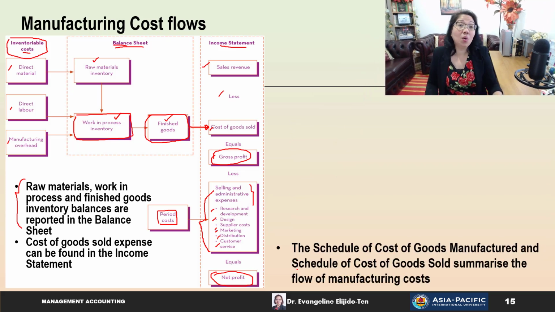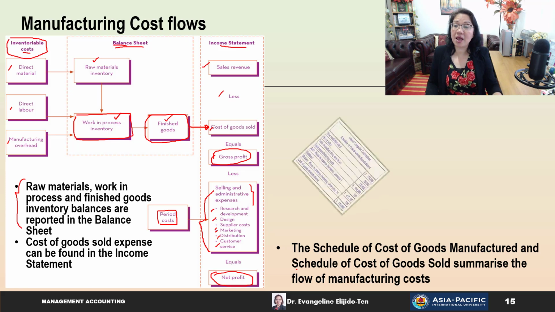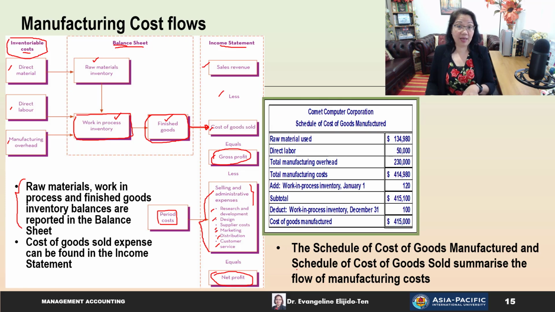All right, so what about the schedule of cost of goods manufactured and the schedule of cost of goods sold? Well, if you can't remember how they look, it actually looks like this. The schedule of cost of goods manufactured should have your raw materials used, your direct labor, and your total manufacturing overhead.